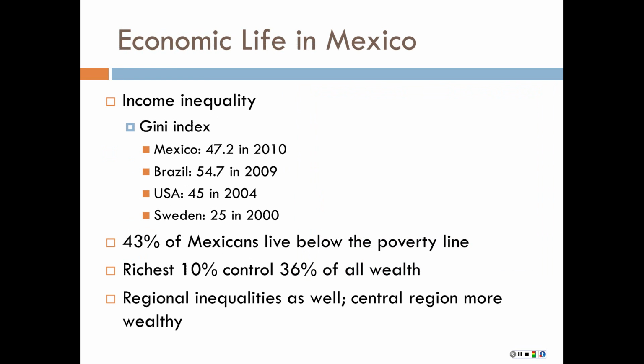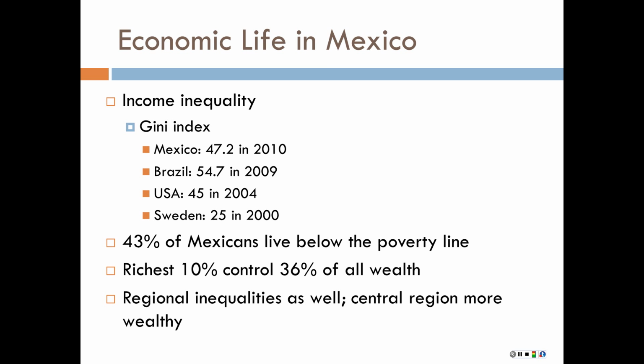Economically, Mexico's improved quite a bit over the last couple of decades. It still suffers from income inequality that isn't the worst in Latin America, but it's pretty bad. One way to measure income inequality is the Gini index. The higher the value, the more unequal the distribution of economic wealth in a society is. So Mexico's Gini index in 2010 was 47.2.